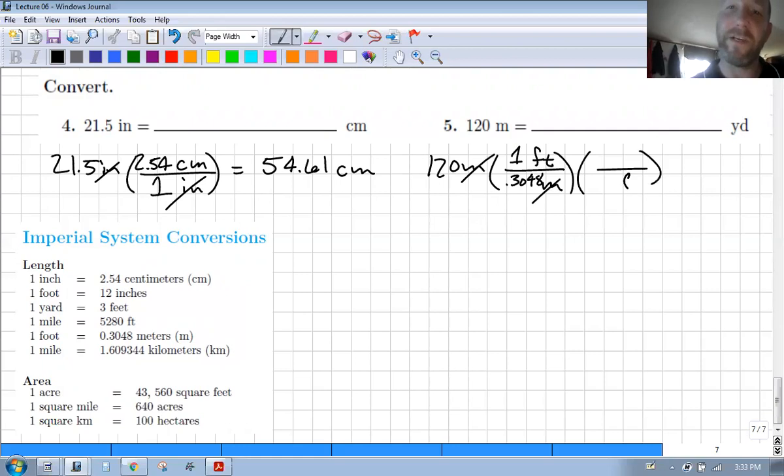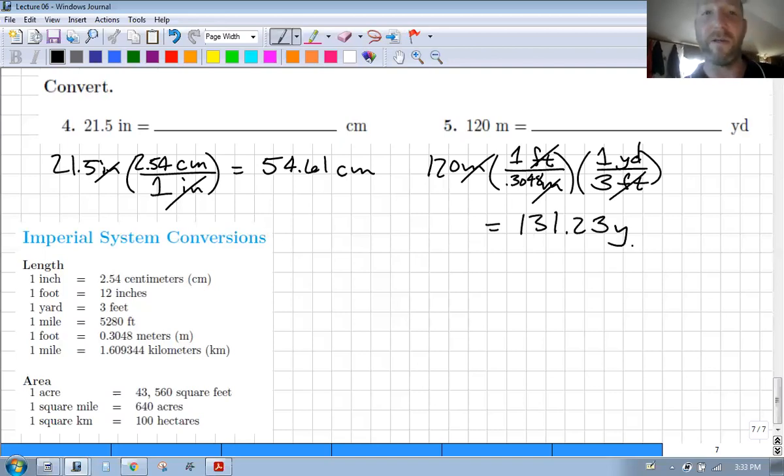Now I can get rid of feet, keep yards because 3 feet make 1 yard. Feet go away, so I need 120 divided by 0.3048, and divide that by 3, get 131.23 yards.